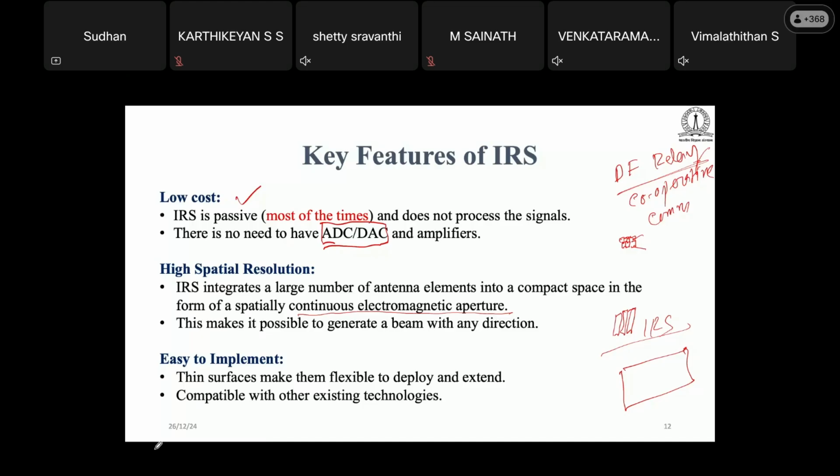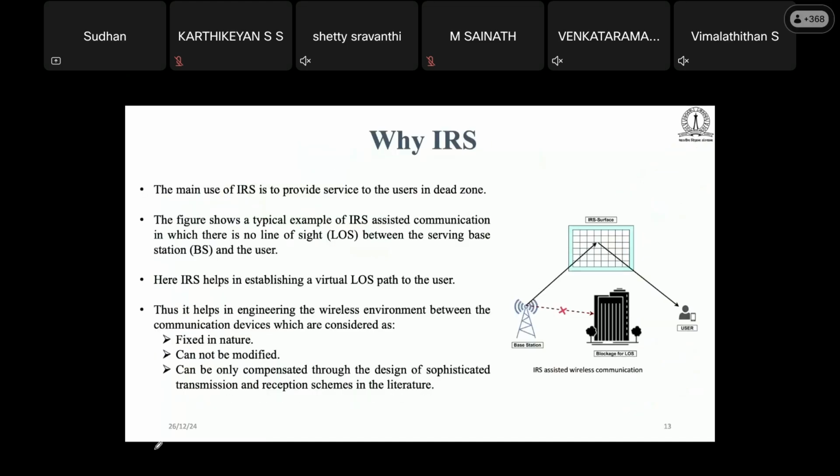So now you can see another advantage of IRS. Here we have given one use case. You can see this is a base station, and this is the IRS element, and this is a user equipment, and there is a large building which is blocking the signal.